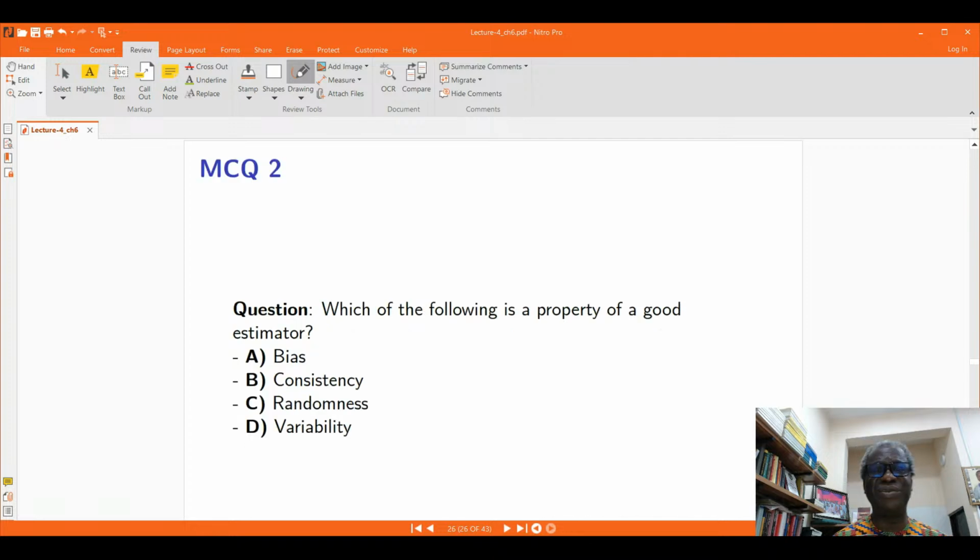That's a good one. Which of the following is a property of a good estimator? Bias, consistency, randomness, variability. What are your choices?